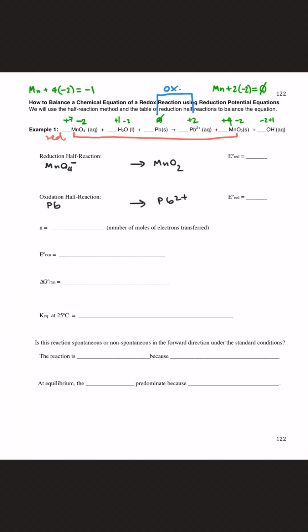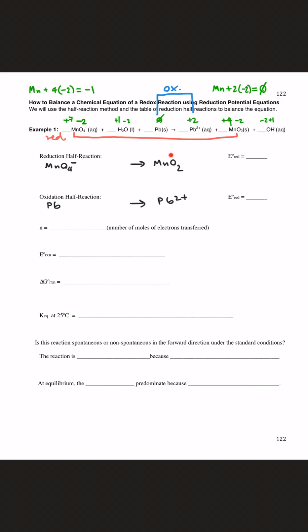Okay. And the next thing that we will need to look at, let's go ahead and look at the reduction half reaction first. So for the reduction half reaction, first you will need to balance the number of elements. In this case, you see that the number of manganese elements are equal on both sides, but oxygen on this side has 4, this one has 2.